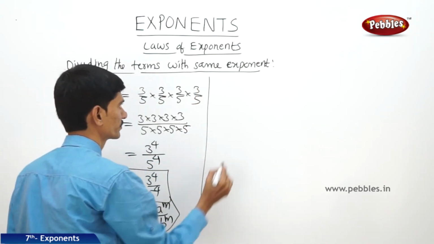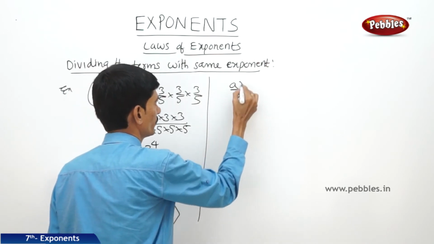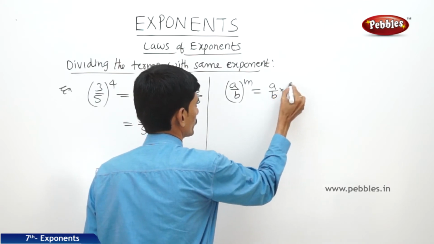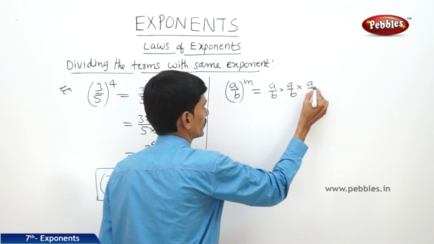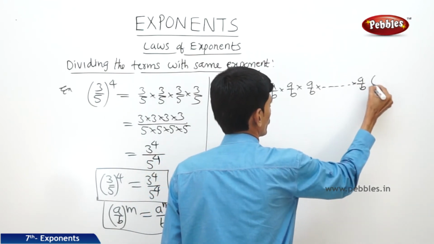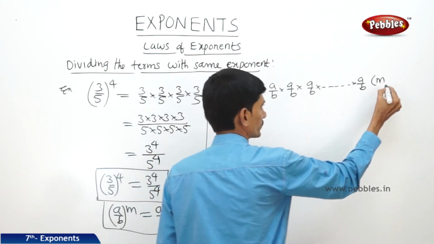Now if you prove this, a by b whole to the power of m equals a by b into a by b into a by b, m times.